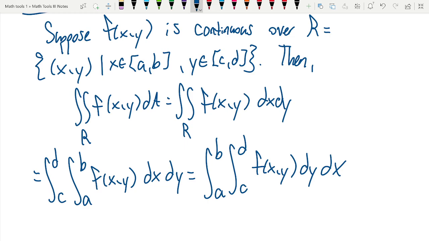This can actually be weakened a little bit, which is it just needs to be bounded on R and discontinuous only over a finite number of continuous curves in this case, since we're in 2 dimensions. But the equivalent in 1 dimension would be over a finite number of points.